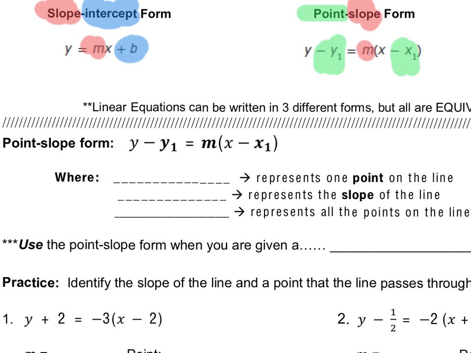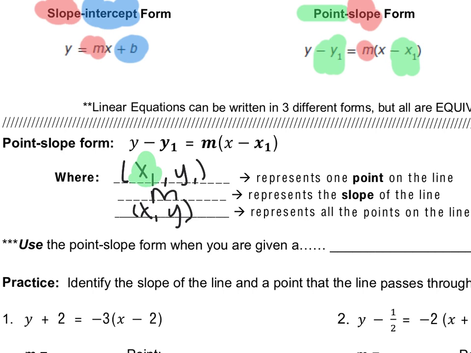I know that just looks like a lot of letters, but all those letters mean something. The letters x1 and y1 represent a point on the line. M represents the slope of the line, and the letters x and y represent all the points on the line. While it seems rather confusing, there's really only a few things you have to pay attention to.